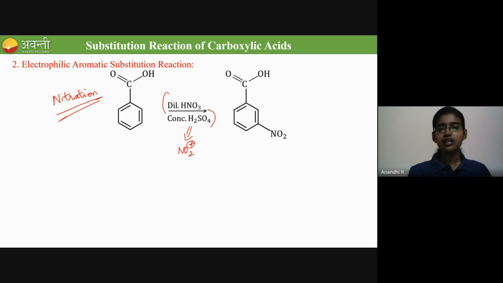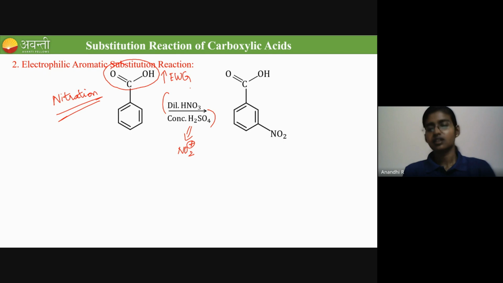So why is it attacking the meta position? This carboxylic acid group, COOH group, is an electron withdrawing group. If an electron withdrawing group is attached in the ring, the incoming electrophile goes to the meta position. That is the correct answer.